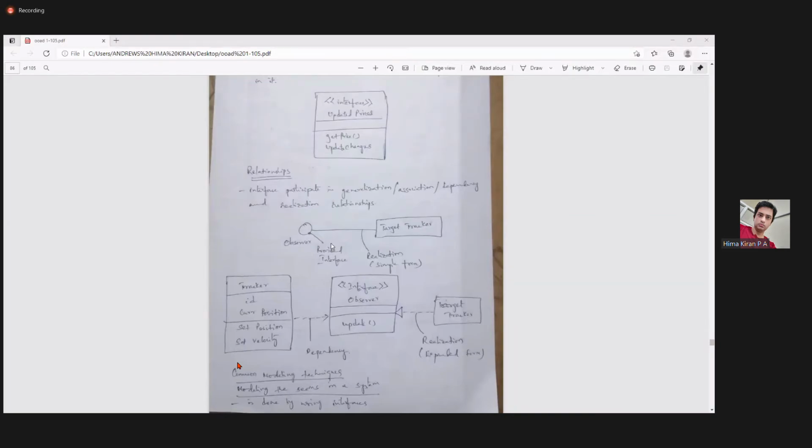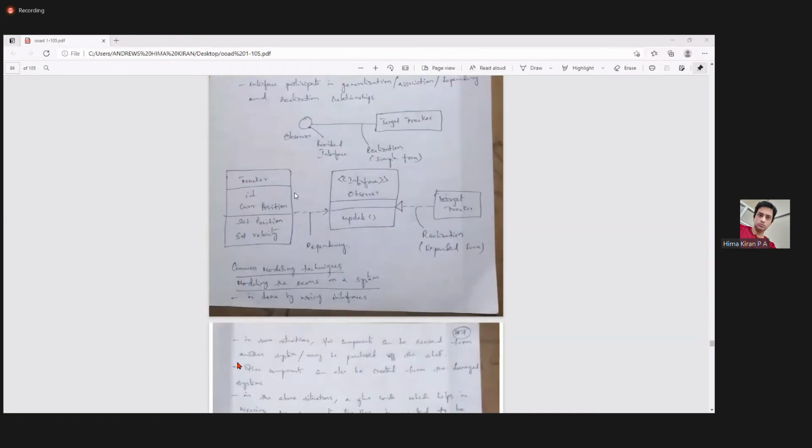The first one says about an associated interface. That means a class is connected to an interface through an association, that too a bidirectional association. That means a two-way communication exists. We need to think like that.